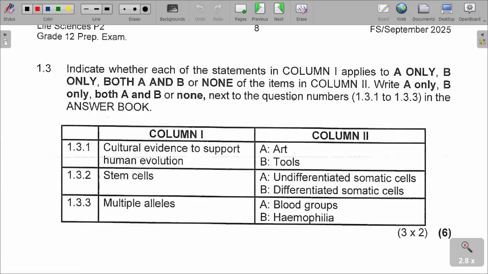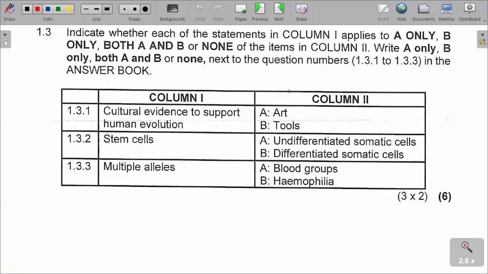We need to look at question 1.3. I'm sure you know that the options are A only, B only, both, or none. Cultural evidence to support human evolution. Art represents culture. The life of people is expressed through arts and culture.